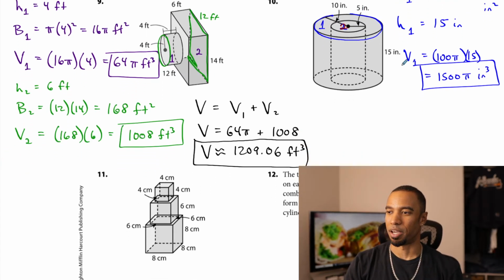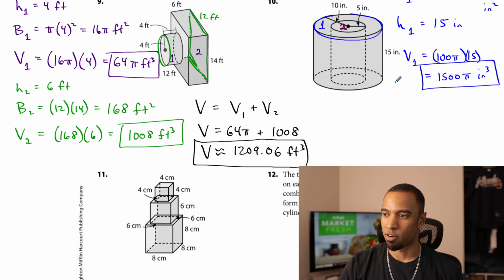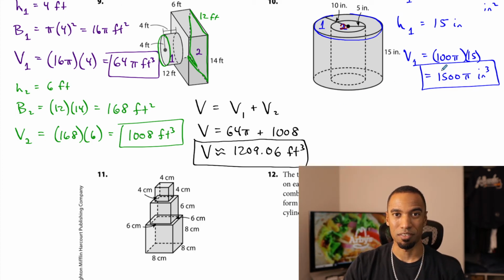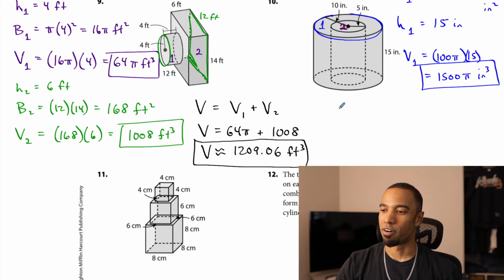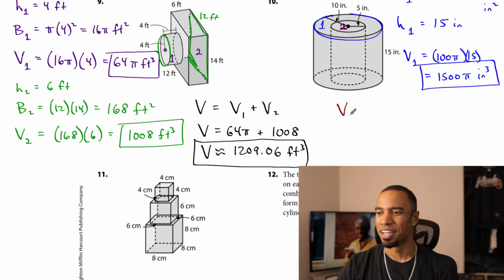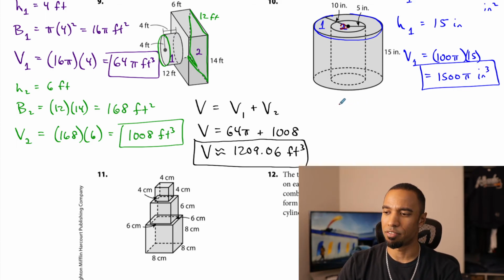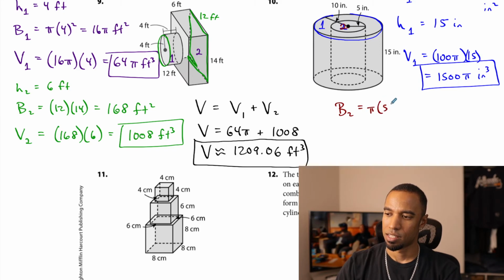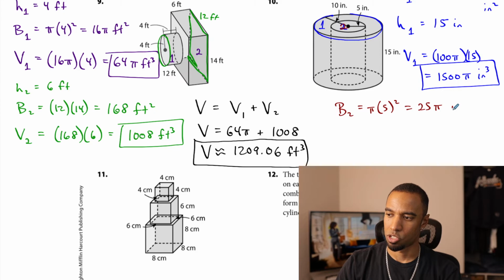So it's not going to be 750, it's going to be 375 pi, I think. The area of the base of the second one is pi r squared, 25 pi square inches.